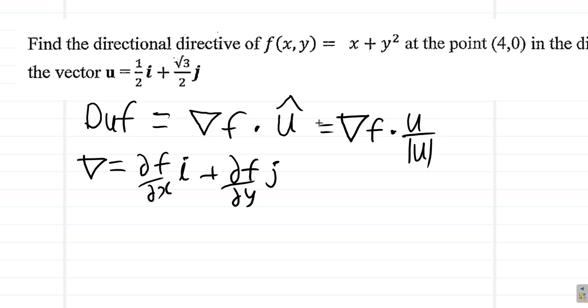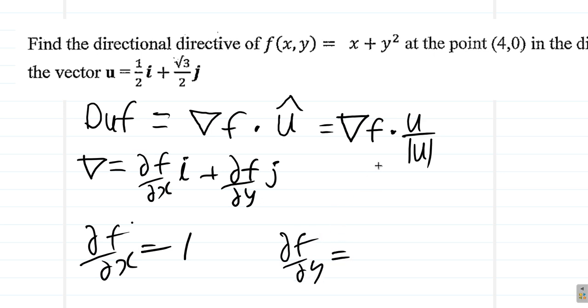Alright, so let's see what happens here. What is partial f by partial x? When you differentiate this, you get 1. And what is partial f by partial y? You differentiate with respect to y, you get 2y.